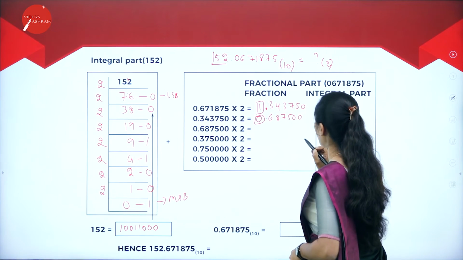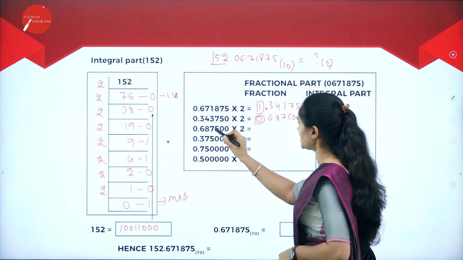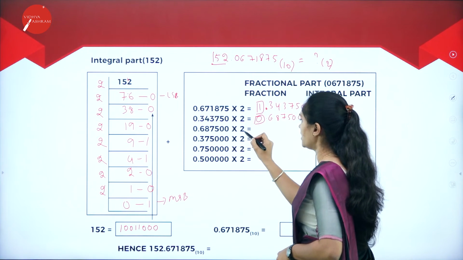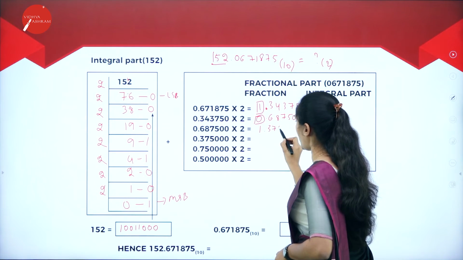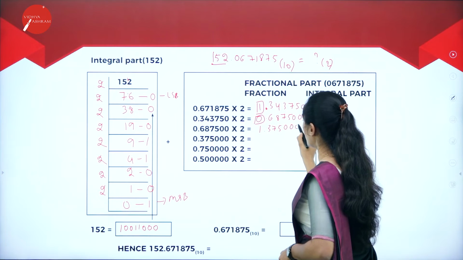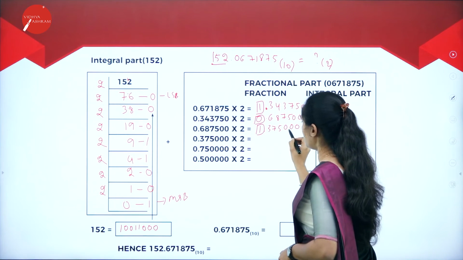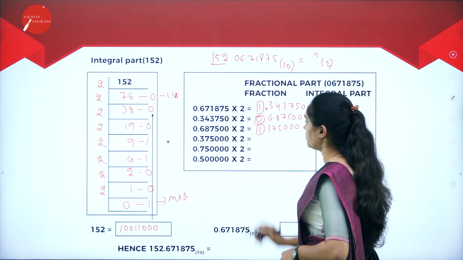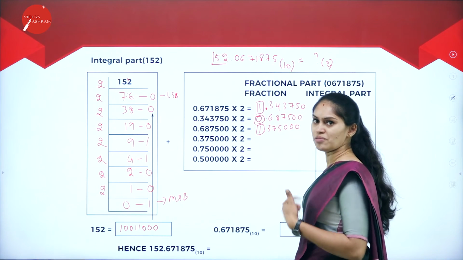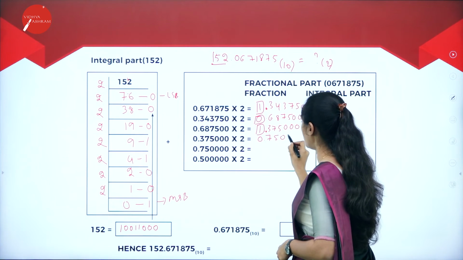Now this carry becomes 0. So I am going to multiply 0.687500 by 2. Then we will get 1.375000. This becomes my carry, and the new product 0.375000 will be multiplied by 2. Then we will get 0.75000.